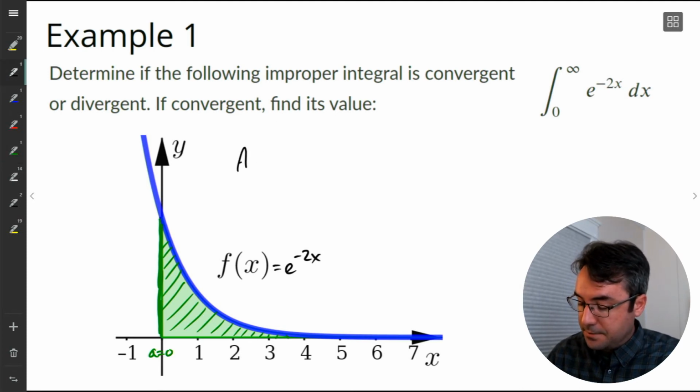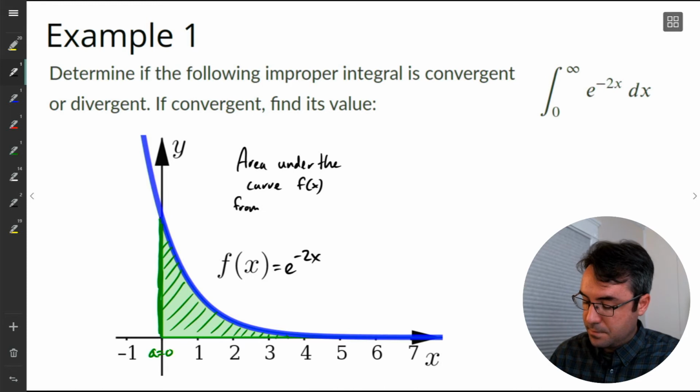So the area under the curve here is, what did we find? It was 1/2.